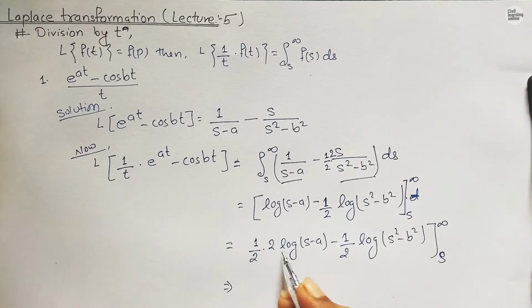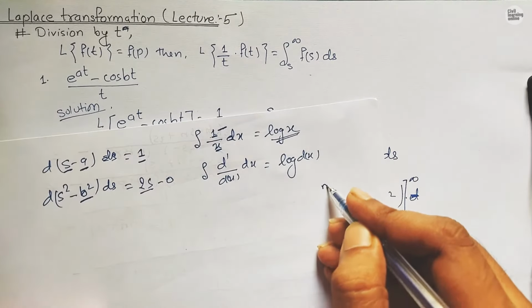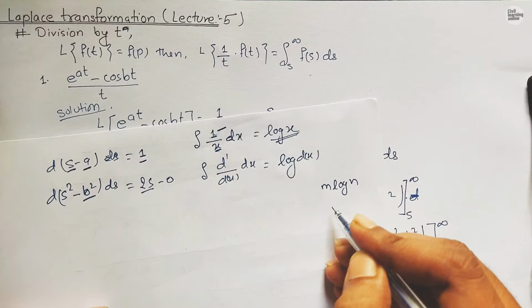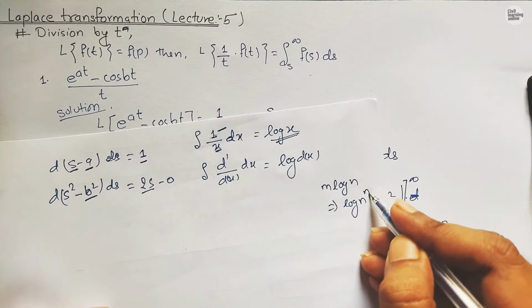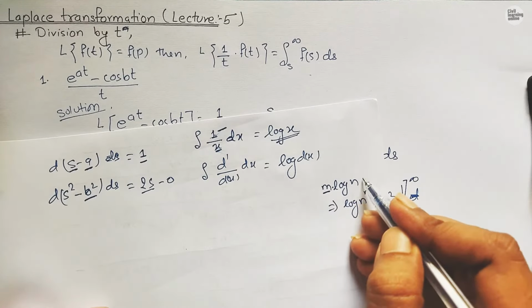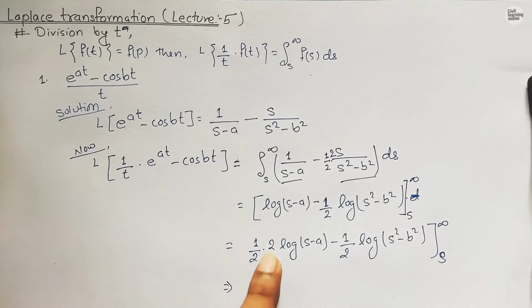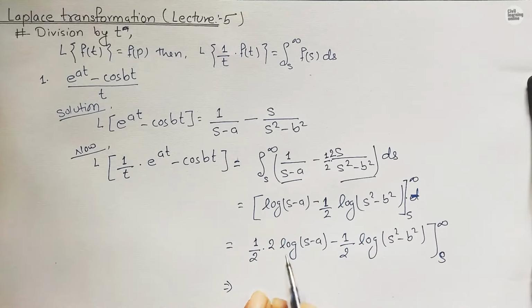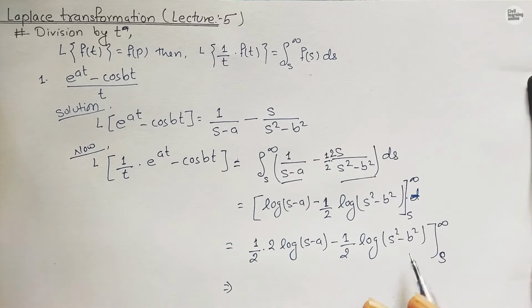Now guys, you can see here, whenever we have m times log n, we can rewrite it as log n to the power m, meaning this multiple coefficient will become the power of n. So we have rewritten log s minus a as 1 by 2 times 2 log s minus a, so that we will cancel out the s square in both the terms.